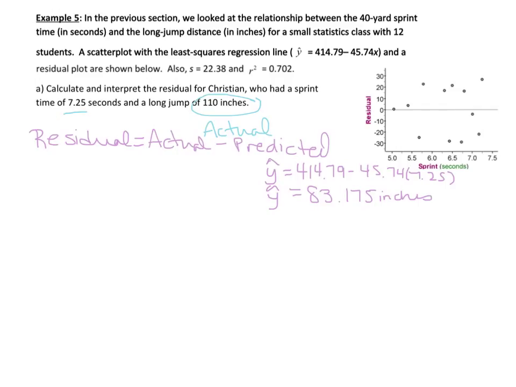So the residual can be found, I'm just going to write it as R, by subtracting those two. Make sure that you do it in the right order, otherwise you're going to get a value that is the wrong sign. So in this case, our residual is 26.825 inches.